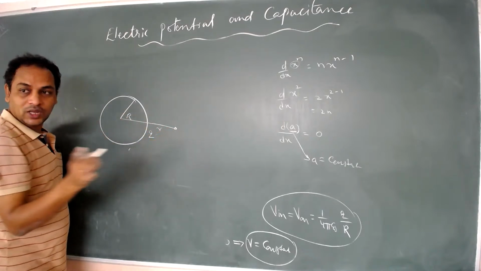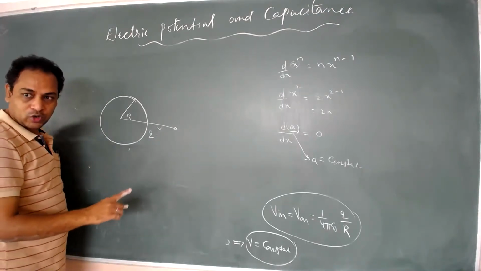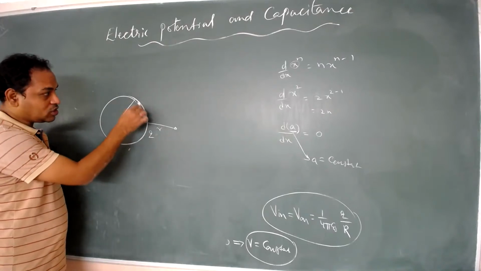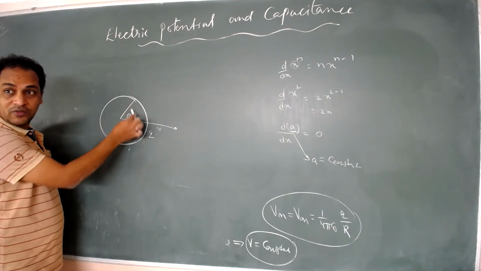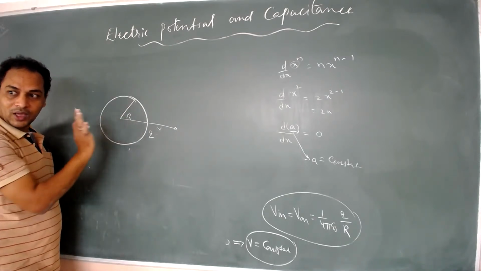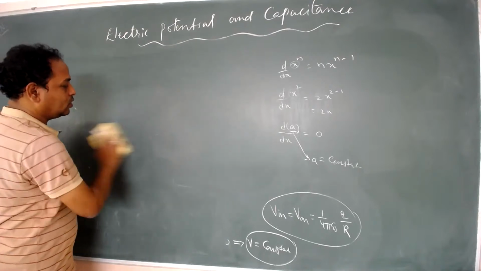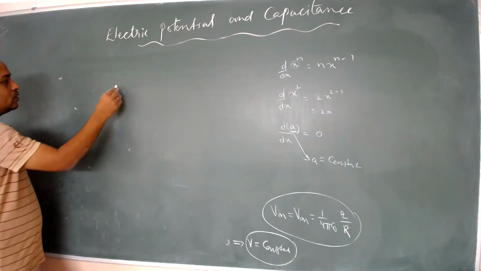At this point, what is the electric potential formula? V is equal to 1 by 4 pi epsilon naught into small q by small r लेना है। On the surface, q by capital R. Inside anywhere, q by capital R. Clear? Right.